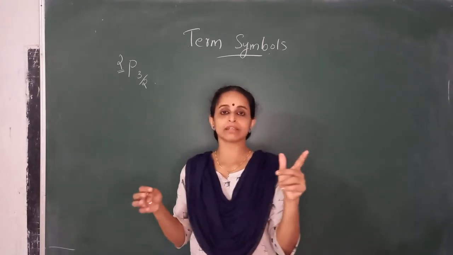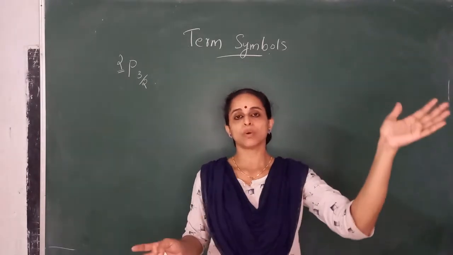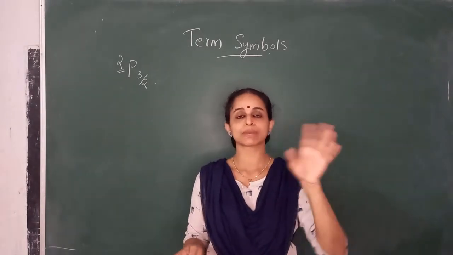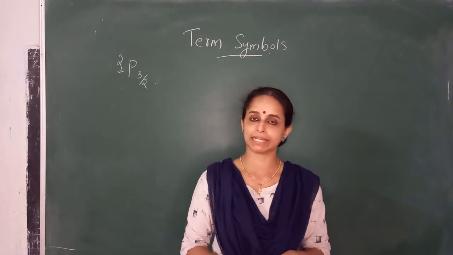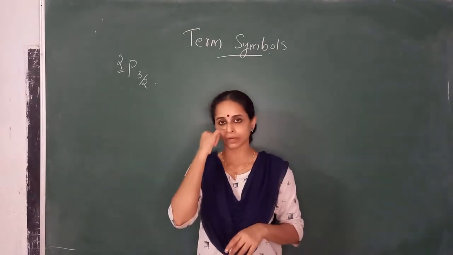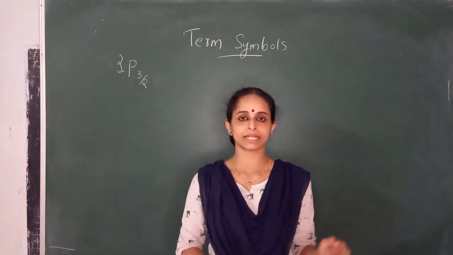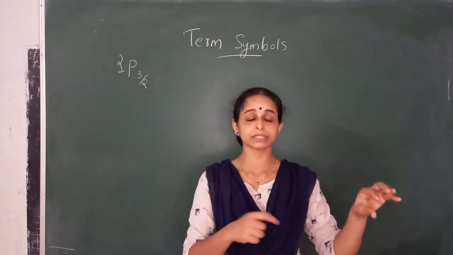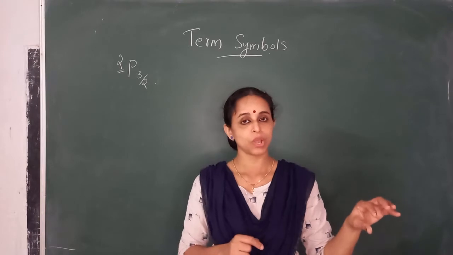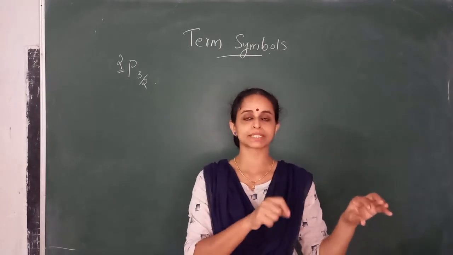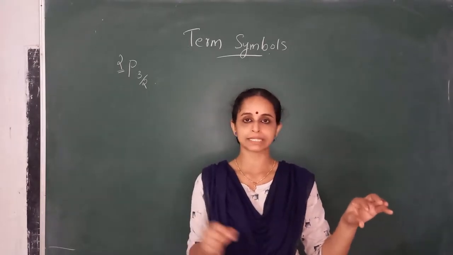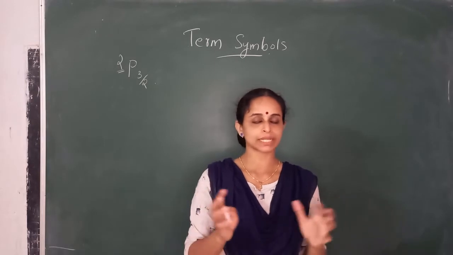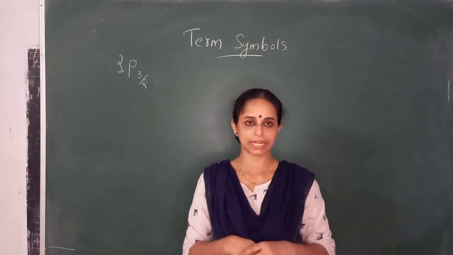For each J value, the orientation in space is given by the MJ values. Yesterday we derived that for a particular J value there will be 2J plus 1 different orientations, from minus J up to plus J. Those are the MJ values.